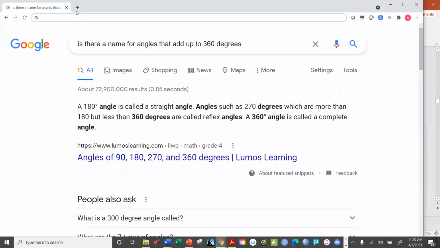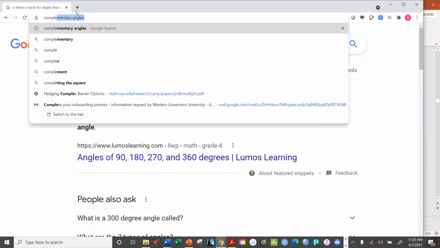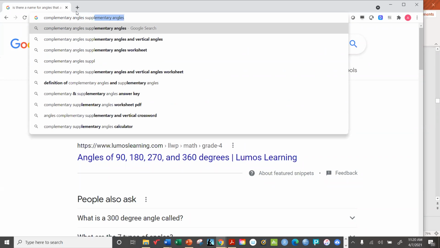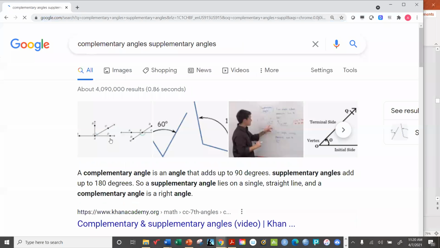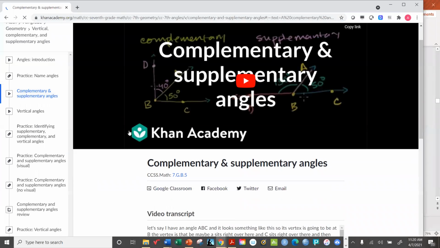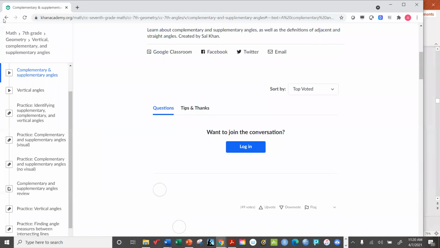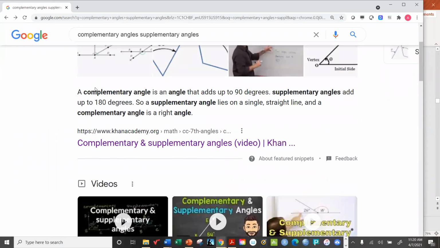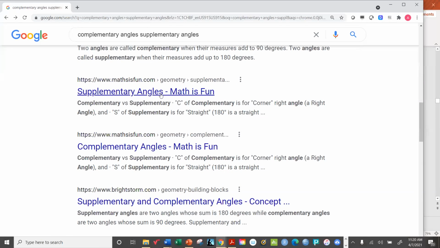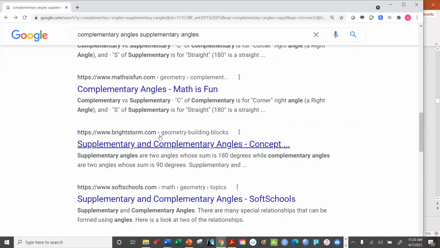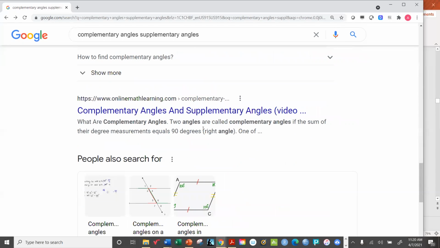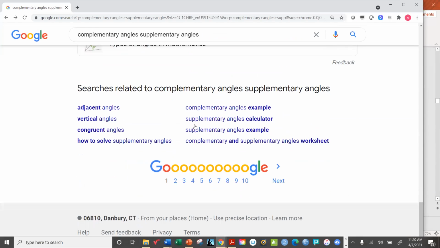No, that's not going to do it. Complementary angles. Supplementary angles. Let's see if there's a third one. Oh, we don't have time to watch a video here. I would be surprised if there isn't a name for that, but I just don't know what it is. So we've got supplementary, we've got complementary. Boy, I don't know. It doesn't look like it. That's a bit of a shocker. How could they not have a name for that?